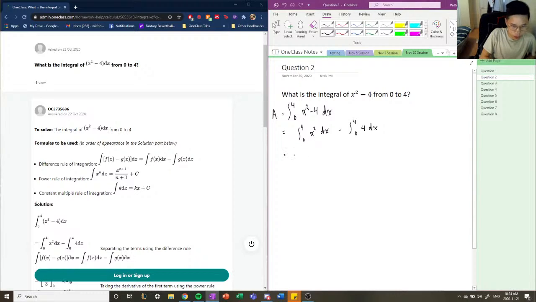After we do that, this function is done for the integral. So this would be 1 over 3 times x cubed, and the interval here is 4 and 0. We're also going to use the constant multiple rule of integration for this one, so that would be 4x, from 4 to 0.